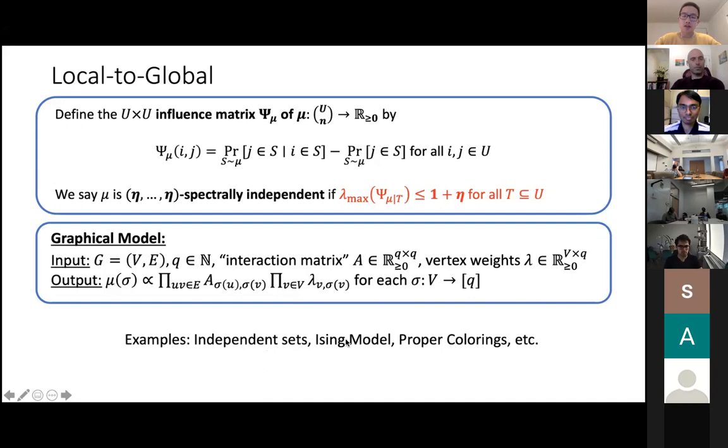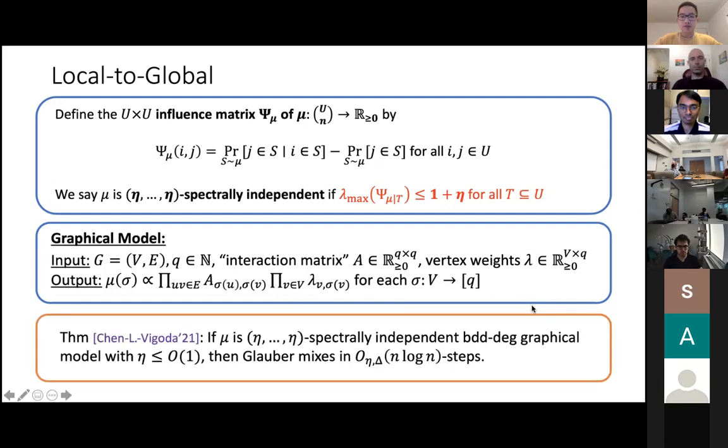If you've heard about the Ising model of magnetism, this also falls under this framework. Proper colorings are also an example of a graphical model, and so on. So this is a large class of distributions that captures a lot of objects that we frequently encounter in computer science.